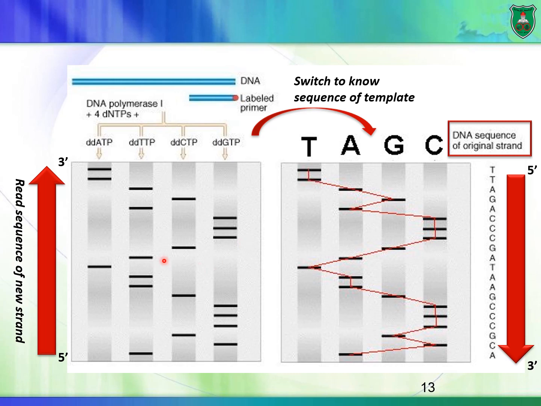Because it's anti-parallel. So you can start from the top and you can say it's 5', T, T, A, G, A, and so on. Now you can start from this end, by the way, but you have to indicate that you're starting at the 3' end. Okay, great, good, very good.